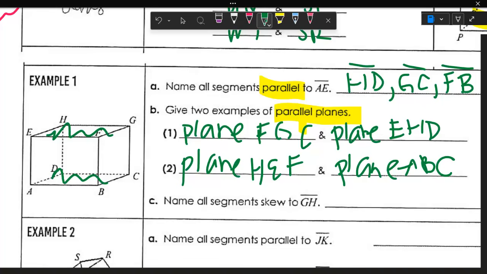Sorry, guys. Name all segments skew to GH. Let's see, GH is right here. So skew to GH, we could say FB or EA. We could say BC or AD. Let's go ahead and name those.